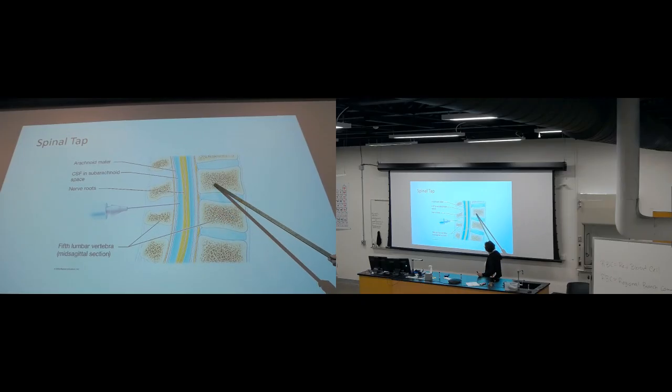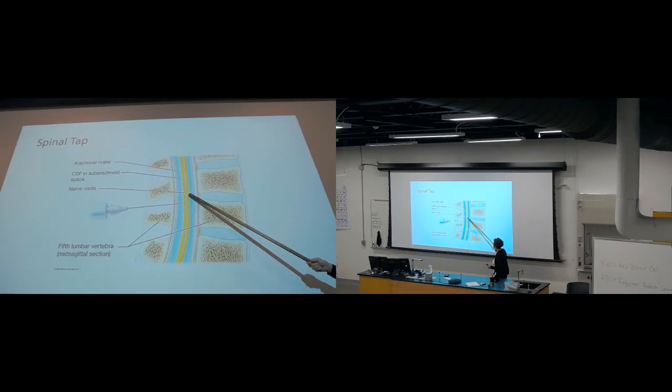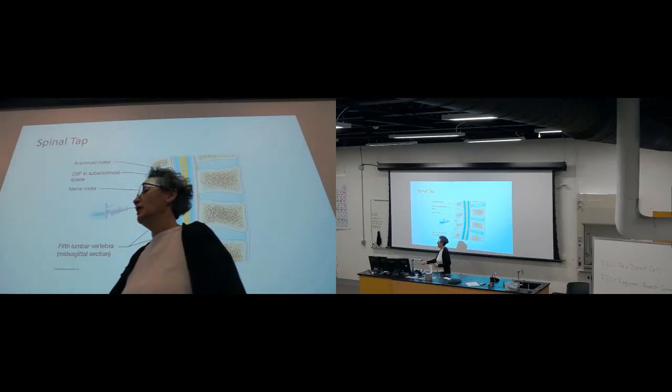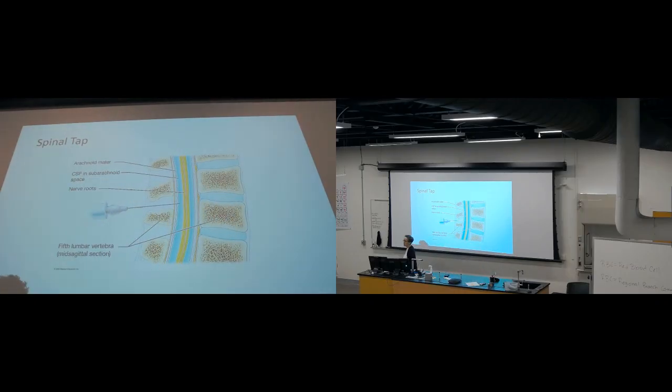In this case, the spinal tap is happening between L4 and L5. You traverse the dura mater and a little bit of the arachnoid, and then you feel a pulling because there is a negative space in the plunger of the syringe, and then you are in the right space.